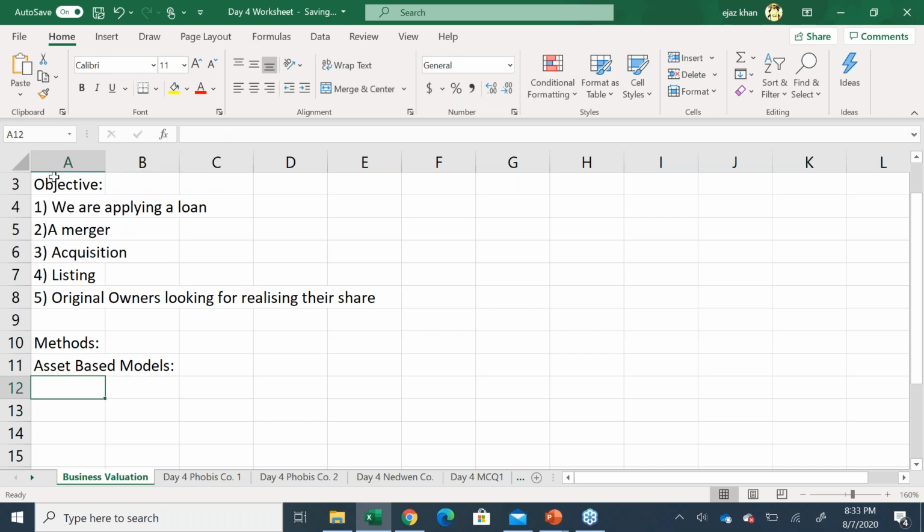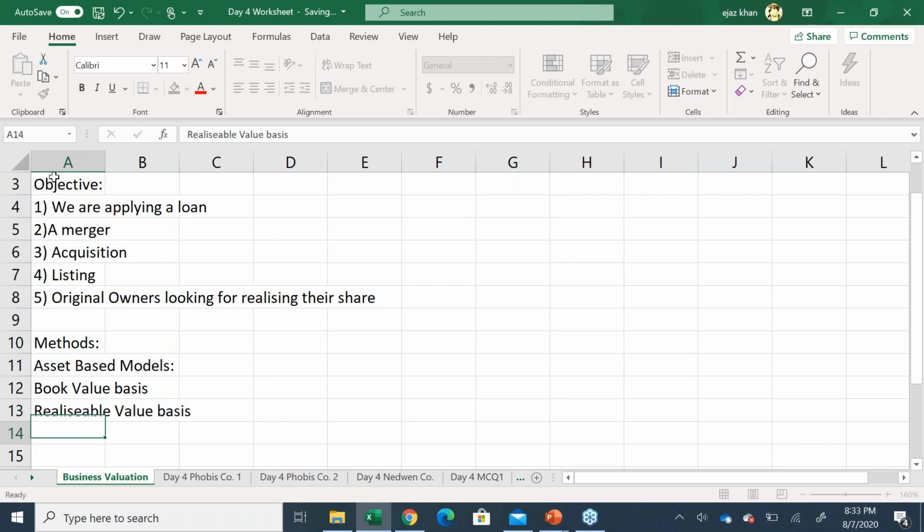In the asset-based models, we have book value basis, we have realizable value basis, and we have replacement basis. What do these methods mean?